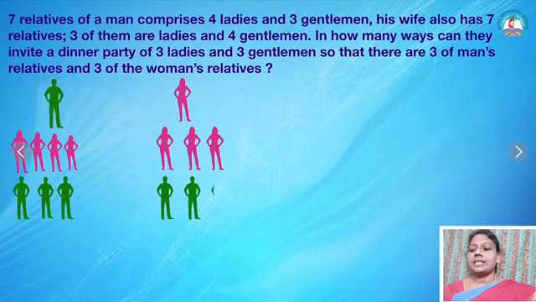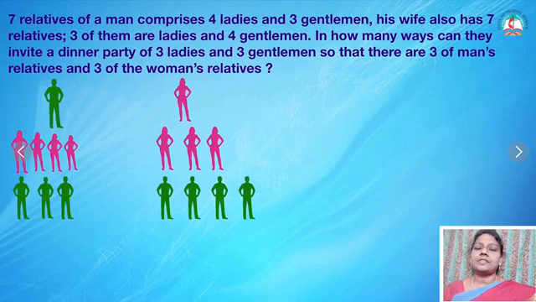They are going to arrange a dinner party in which only 3 ladies and 3 gentlemen participate. Apart from that, none of them participates. So the husband can call 3 relatives from his side, and the wife can call 3 relatives from her side.